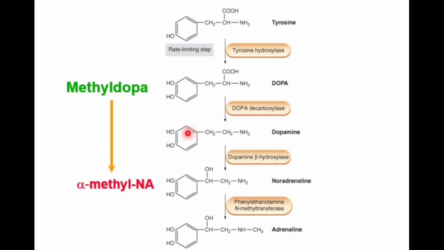It competes with dopamine for transport into the vesicle. Dopamine beta hydroxylase then oxidizes alpha-methyldopamine to yield alpha-methylnoradrenaline. Alpha-methylnoradrenaline is stored in the vesicle and can function as a false transmitter.